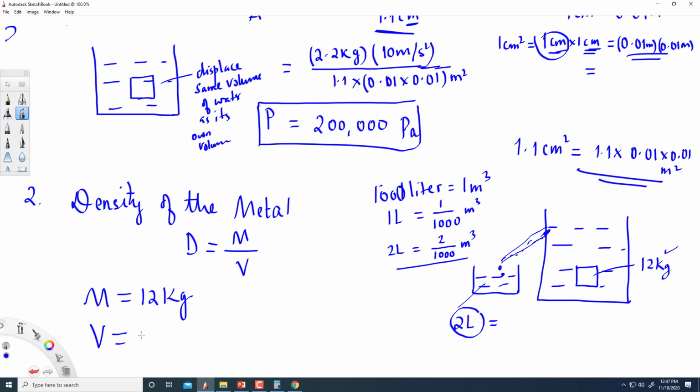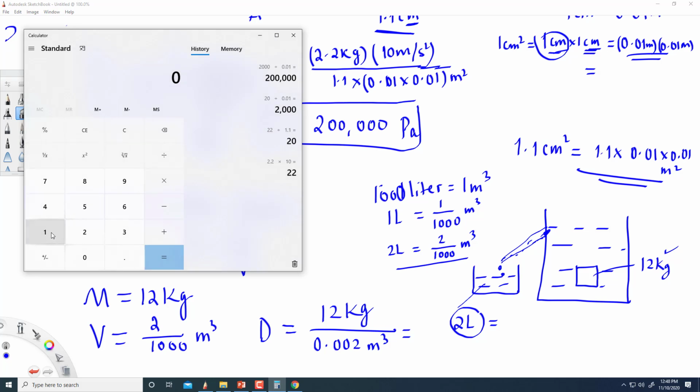Volume is 2 over 1000 meter cubed. So the density would be 12 kilograms is the mass, volume is 0.002 meter cubed. And then you do the calculation.